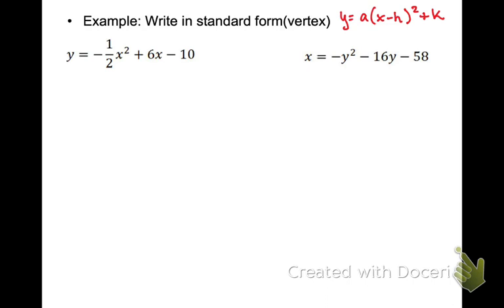Okay, so we need to do a process that is called completing the square, which we did do last year a little bit, and so we're going to continue with it.